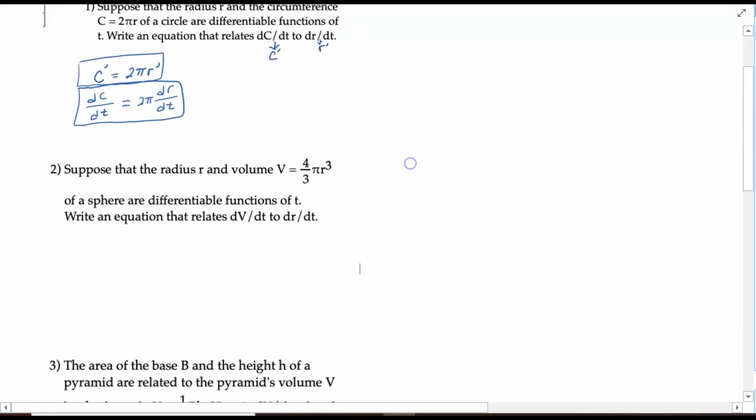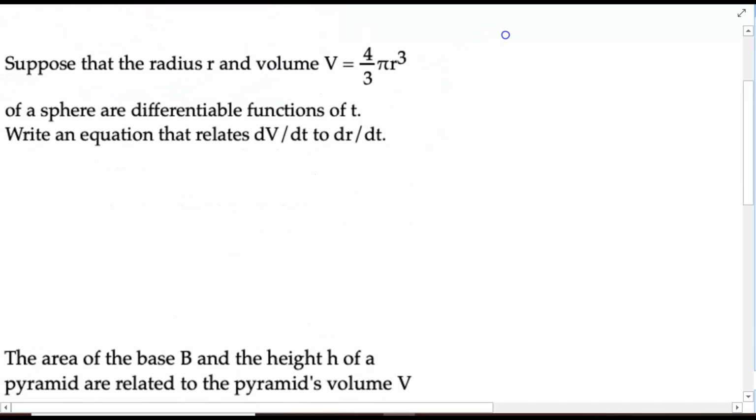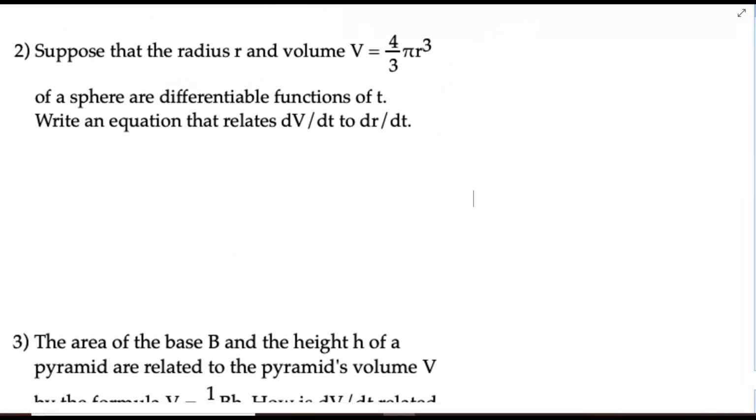So if I take this formula here, using my notation, this right here is V prime, and this right here is r prime. I take the derivative just like I would anything else. I'm going to first say V prime, because that's the derivative of V. And if I look over here, 4/3 and pi, that's a constant coefficient.